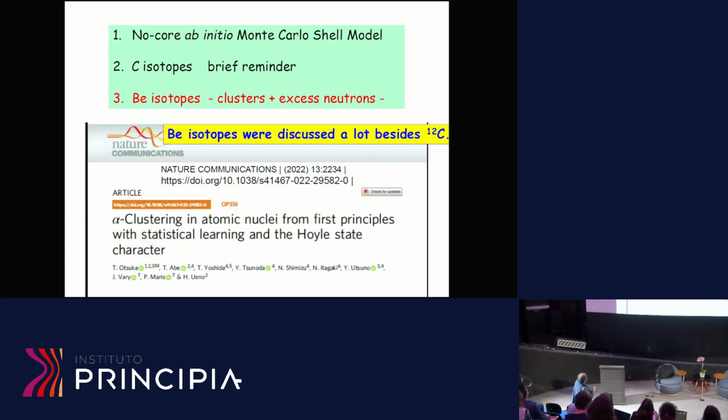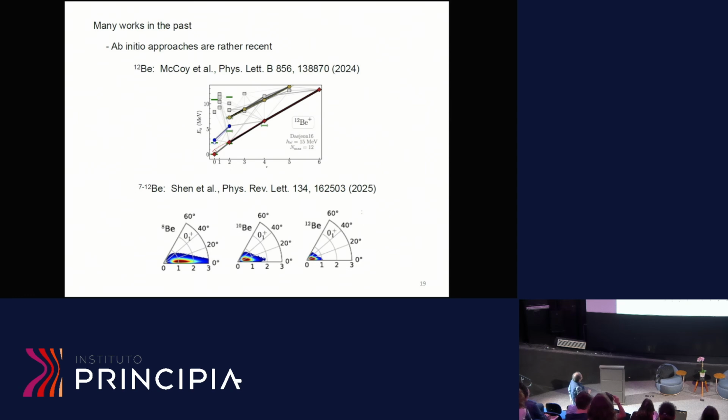Now let me move on to the beryllium isotopes. Although this paper was mainly about carbon-12, beryllium isotopes were also discussed. About the beryllium isotopes, there are many works in the past, but our initial approaches are rather recent.